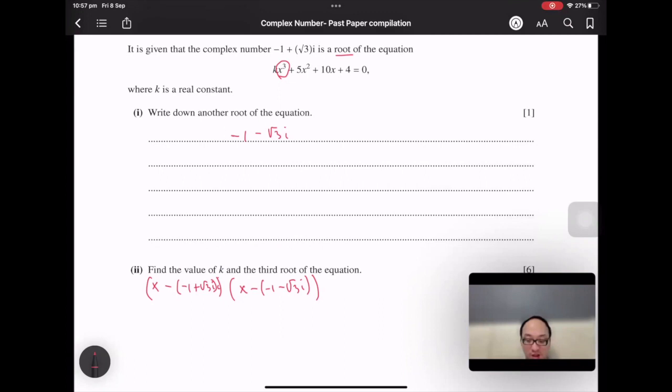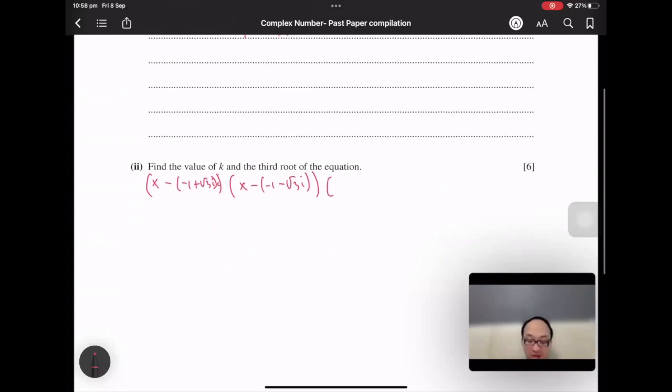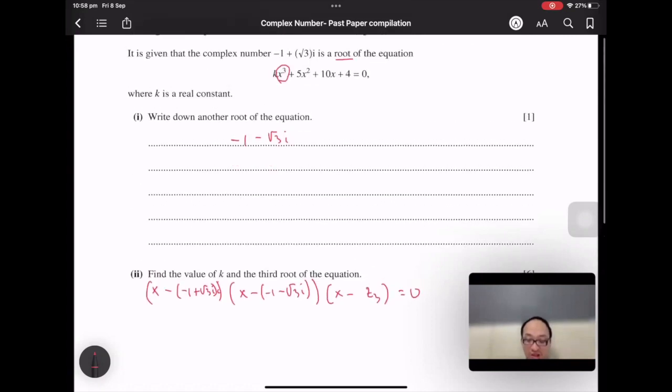And we will find the third root, x minus z3, equals 0.